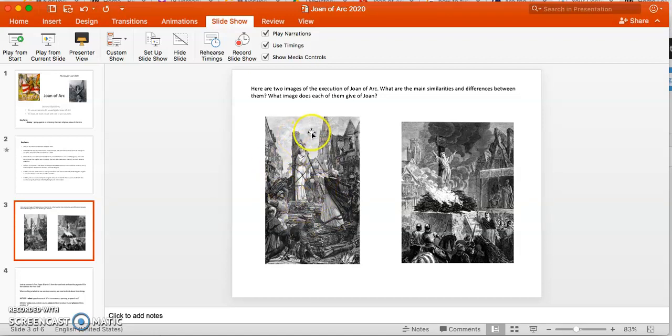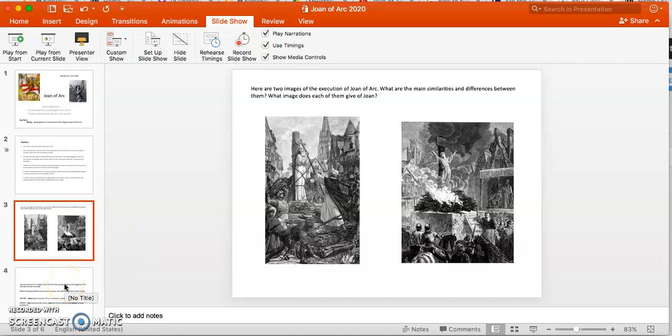So you see Joan is in the middle of both pictures, but think about in what ways are they different. Think about the similarities and the differences between those pictures, and maybe just put some couple of bullet points below here of similarities and differences, or you could circle the slides, to show differences.